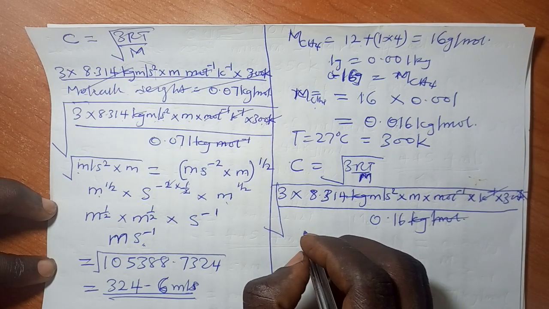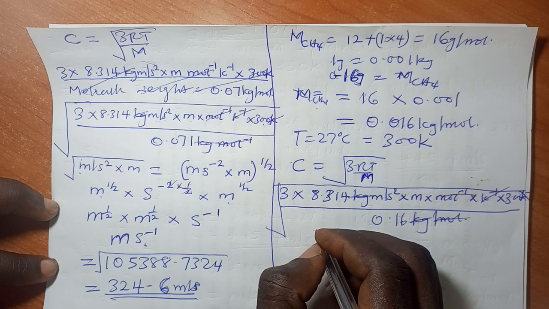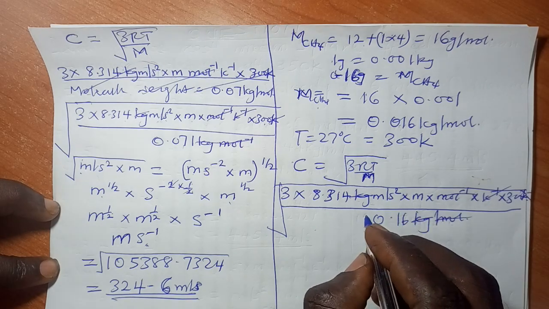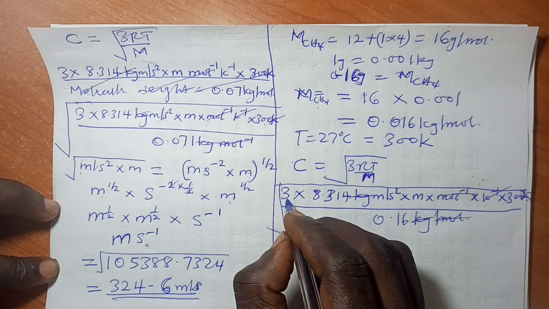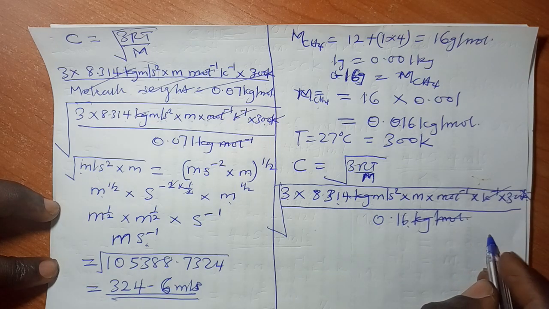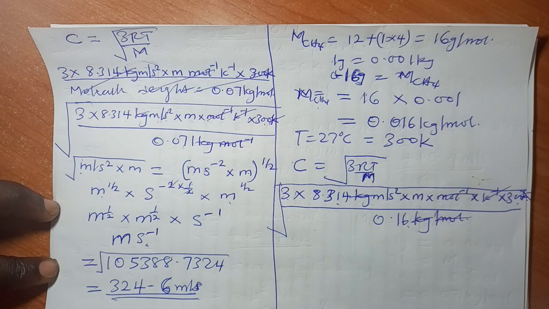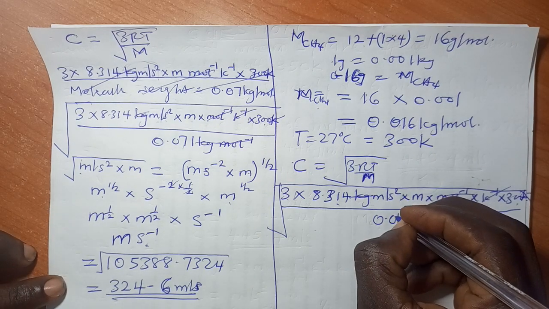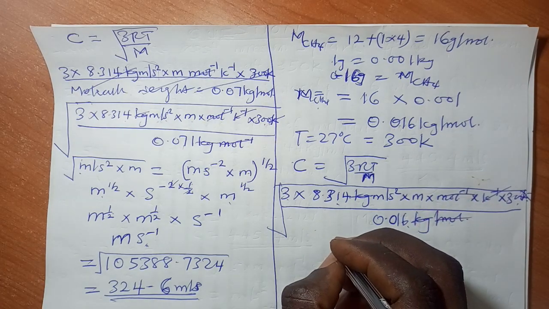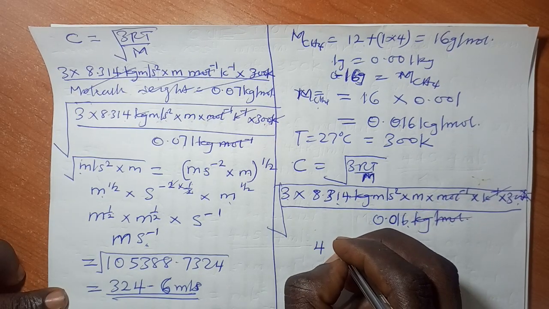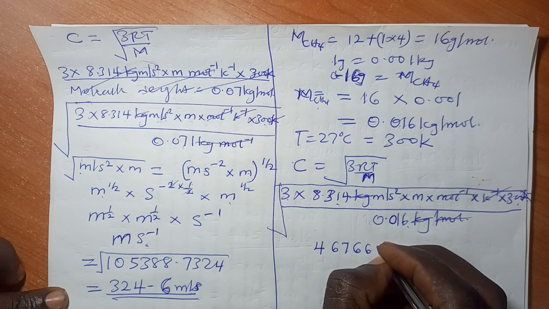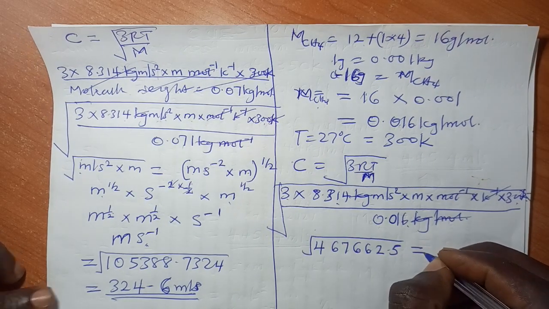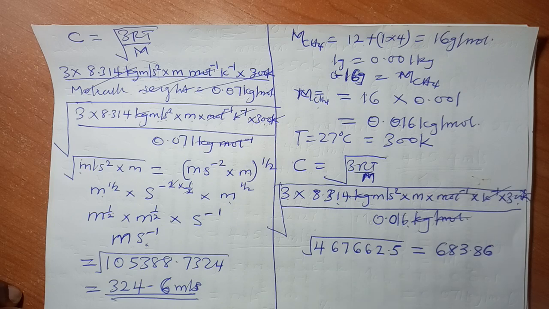First of all, let's just multiply this by this and divide by this, so that we know what we have, then we manipulate the unit out. If you divide by 0.016, you are going to have 467,662.5 in the square root.